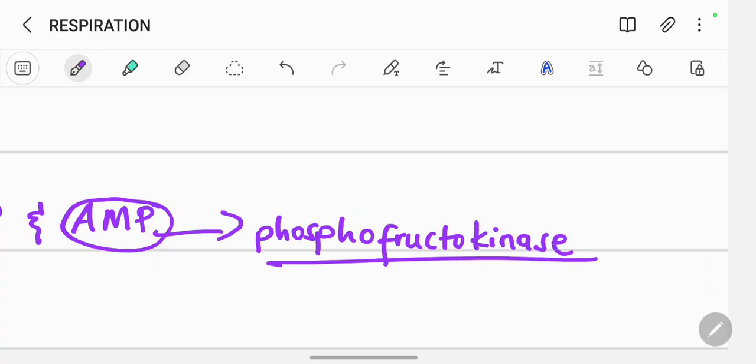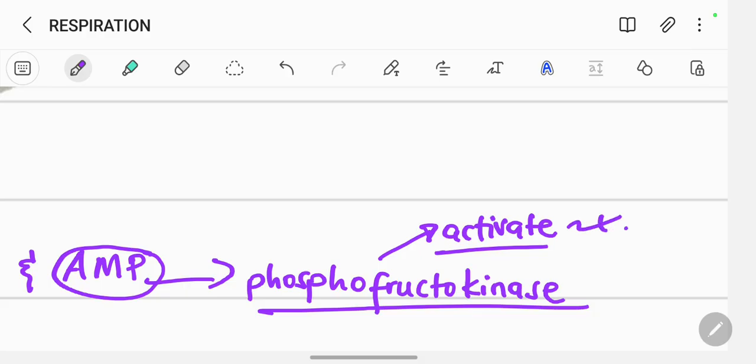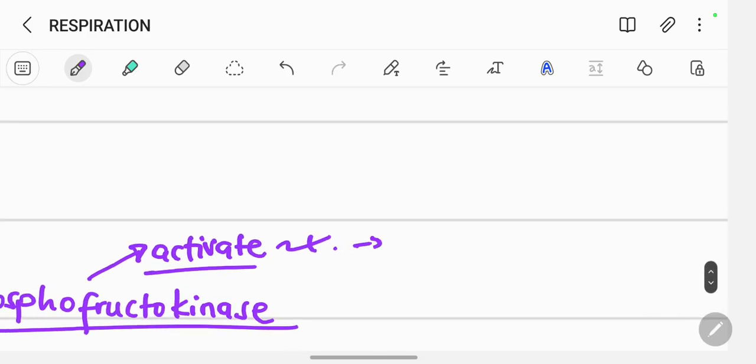As it goes to it, it is going to activate it. Now as it activates, glycolysis will move on.